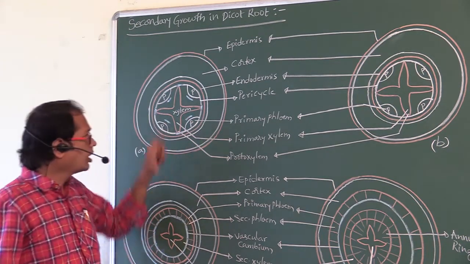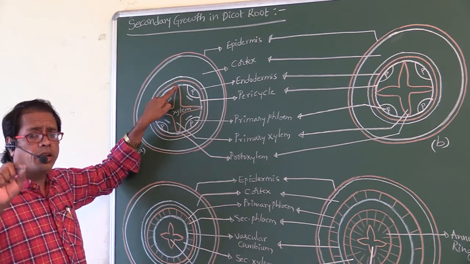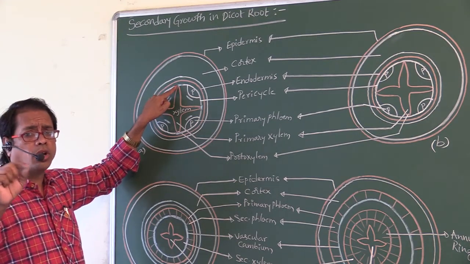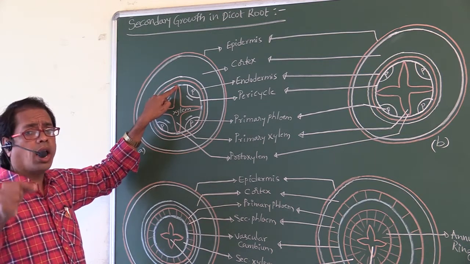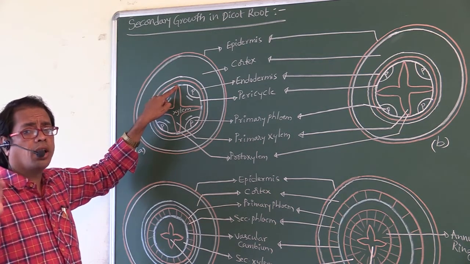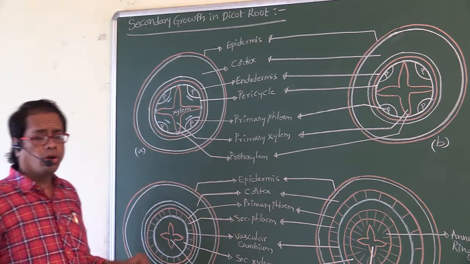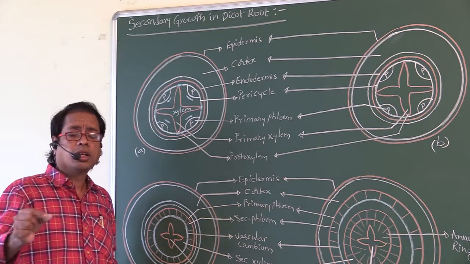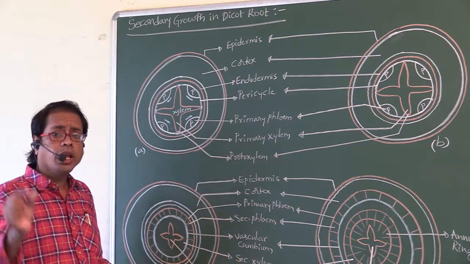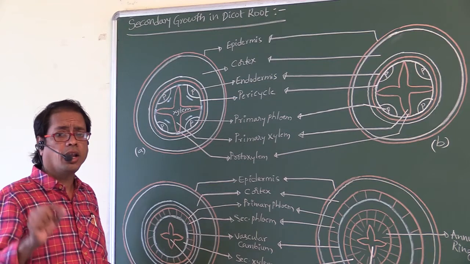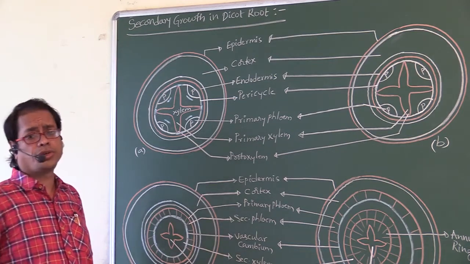Similarly, a part of the pericycle present above or opposite to the protoxylem undergoes dedifferentiation and becomes meristematic. So the parts helpful in formation of vascular cambium in dicot root are a part of pericycle and a part of conjunctive tissue.